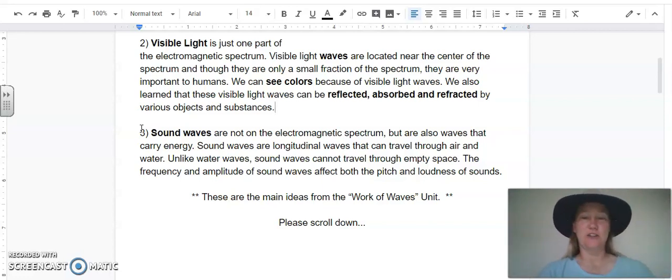There are rarefactions and compressions. Unlike light waves, sound waves cannot travel through empty space. The frequency and amplitude of sound waves, depending on how tall they are and how big their wavelengths are, changes the pitch and the loudness.